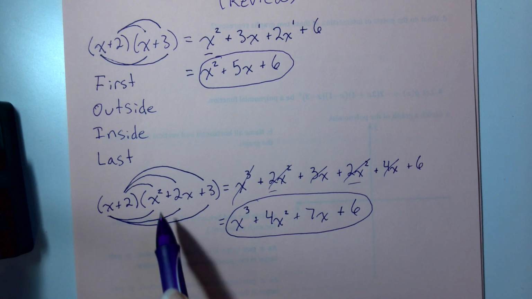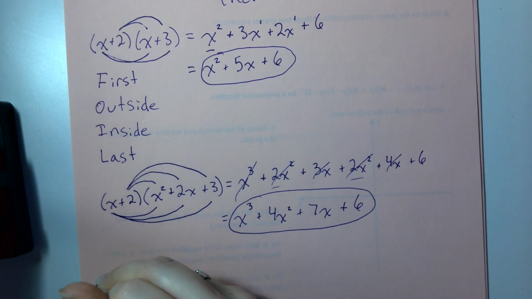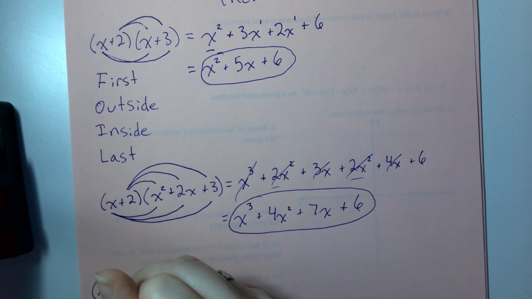Once you understand this distribution idea, you can multiply polynomials that are really as big as you want. So we could even do a polynomial with 3 terms times a polynomial with 3 terms, or even more than that. But let's just do 3 terms with 3 terms, just so that we get the idea here.